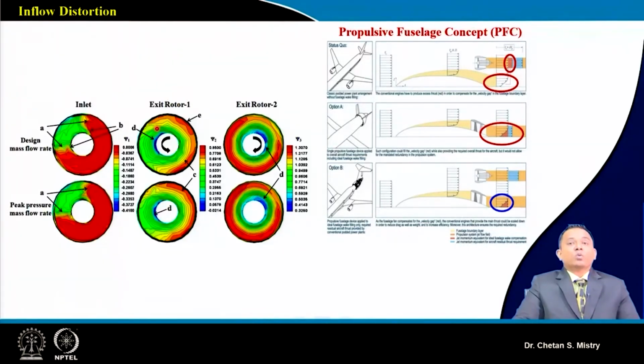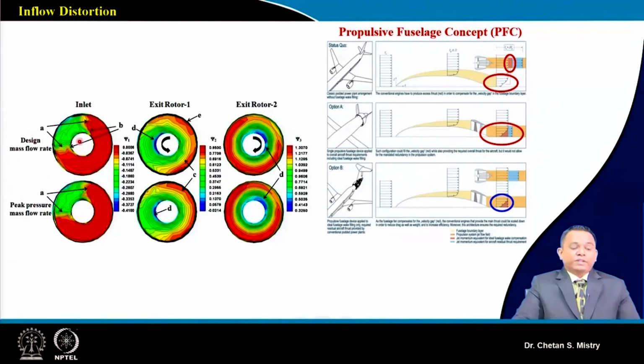Now, my rotor 2 is rotating in the opposite direction, so we can say the effect of this distortion is rotating along in the direction of rotor 2, but at the same time the effect we are having in terms of inflow distortion is getting nullified here. Do not go with this contour color, just look at the numbers.